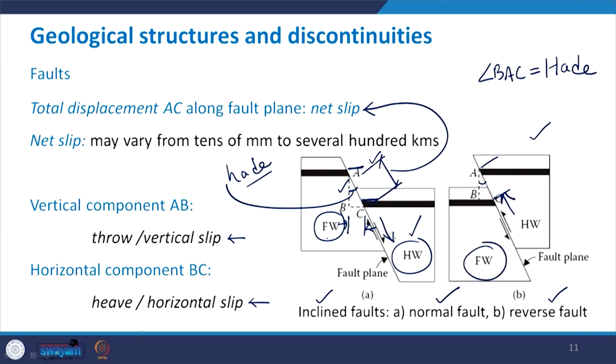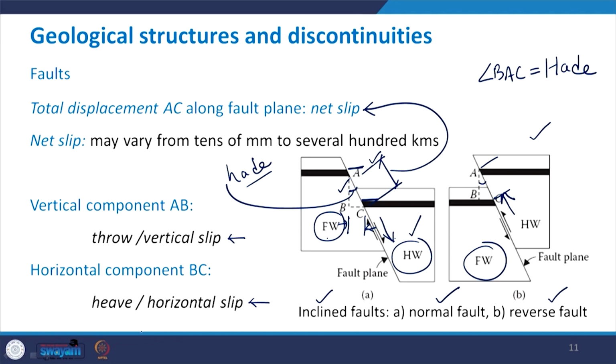From the mechanics point of view, the presence of tensile stresses causes the development of normal faults, while compressive stresses lead to the formation of reverse faults. Fault plane, net slip, throw, heave and head are called as elements of the fault.